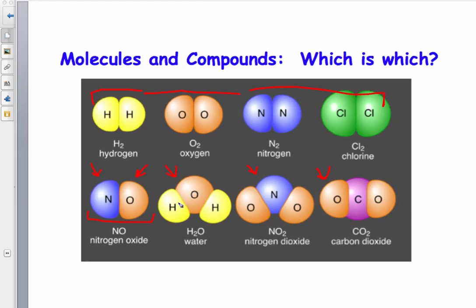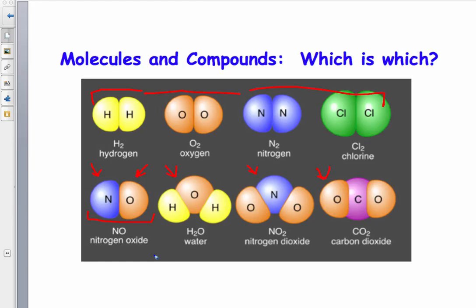But you have atoms from two different elements making up this particle, as you have here with nitrogen and two oxygens, and as you have here with carbon and two oxygens. So while all of these particles in this sketch are molecules, they're not all molecules of compounds.